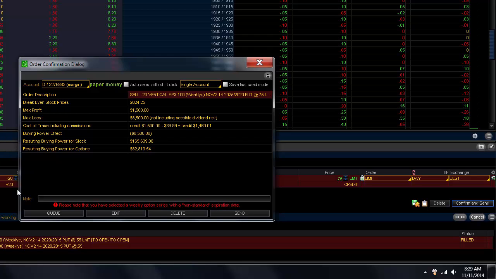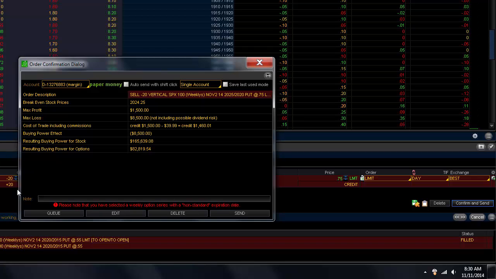Your maximum profit on this trade for 20 lots is going to be $1,500. Your maximum loss is $8,500, not including possible dividend risk. Index options do not have dividends, so you don't have to worry about that. Your maximum loss, if the spread went into the money, in other words, if the market hit your strike prices, would be $8,500.